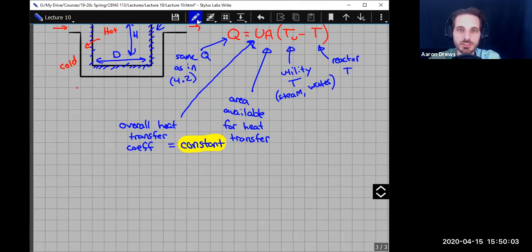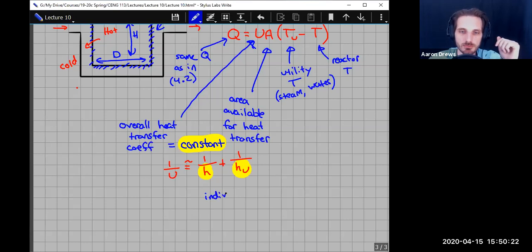In order to calculate it, there's a simple equation, which is 1 over U is approximately equal to 1 over H plus 1 over H sub U. And these values are all tabulated. So the H's that are here, these are individual heat transfer coefficients.